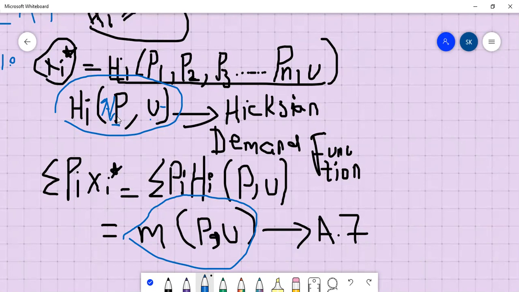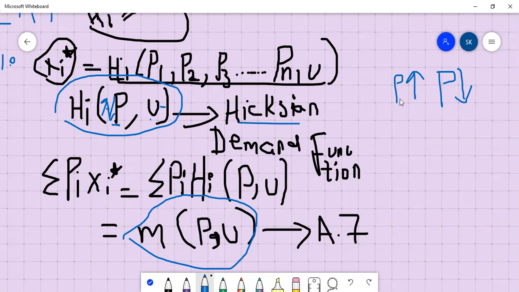Why? Because if the price increases or decreases while the utility is held constant, then we are required to compensate for the effect of price change on the real income of utility. Let me be more specific. Suppose that the price of a good increases, or we can say that the price of a good decreases. Now, why is the Hicksian demand function known as the compensated demand function?